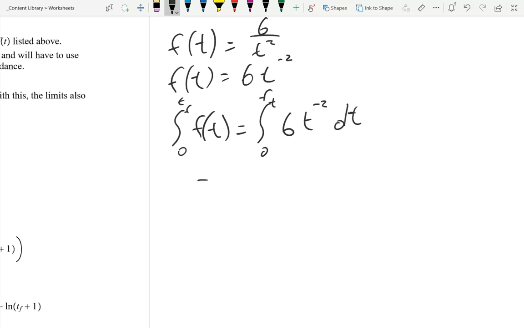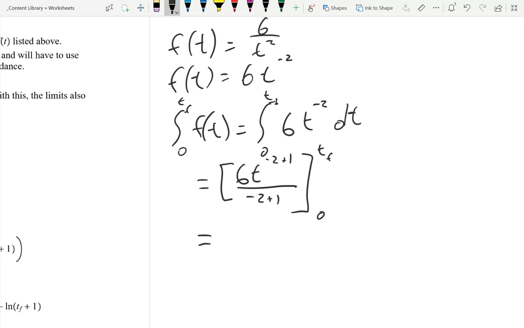Okay, so then we've got equals. I'm going to put my bound right there. So we've got 6t to the negative 2 plus 1 over negative 2 plus 1, from 0 to t final.